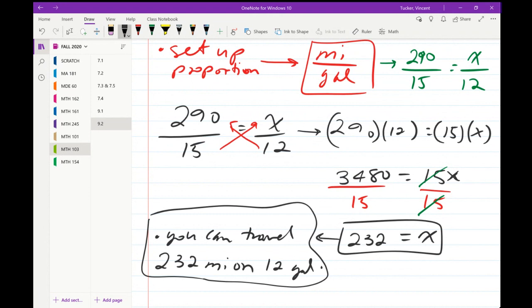All right. So you can travel 232 miles on 12 gallons of gas.